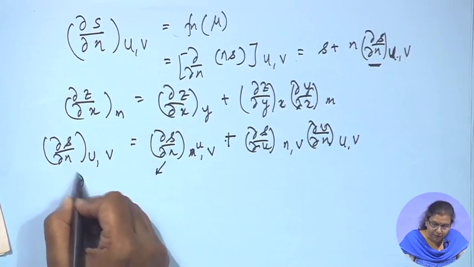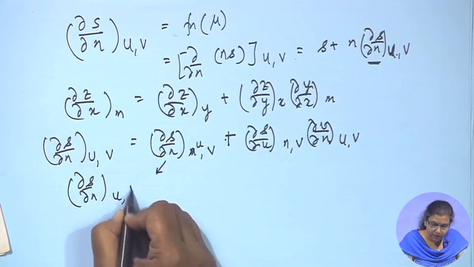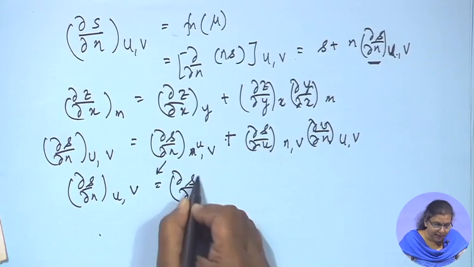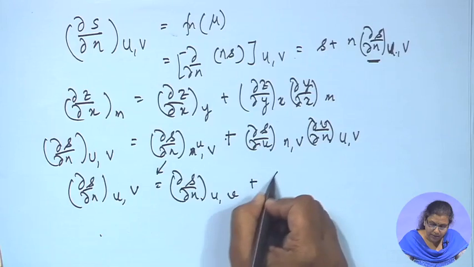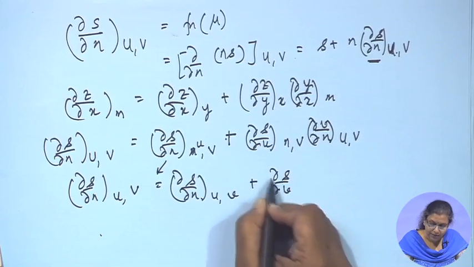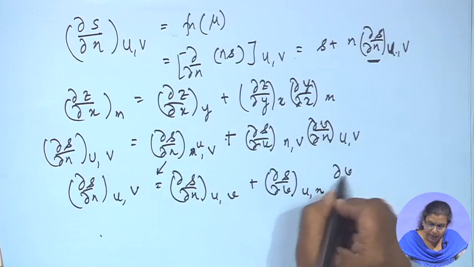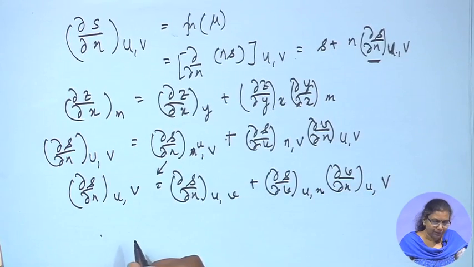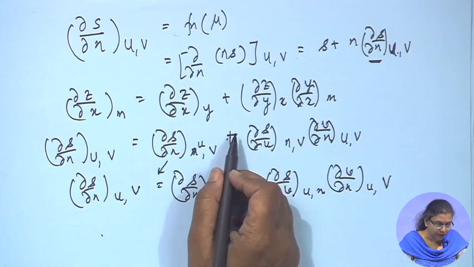Then this term can also be expanded in a similar way. We can again write this term as del S del N at small u, small v plus del S del V at u, n into del V del N at u, capital V. Then we can substitute this equation there.